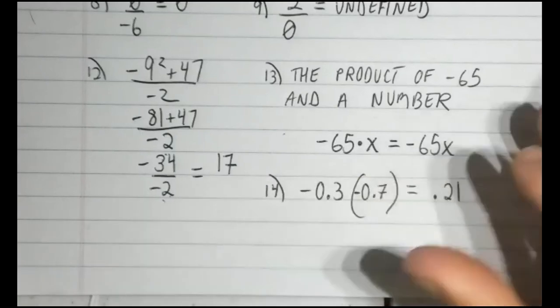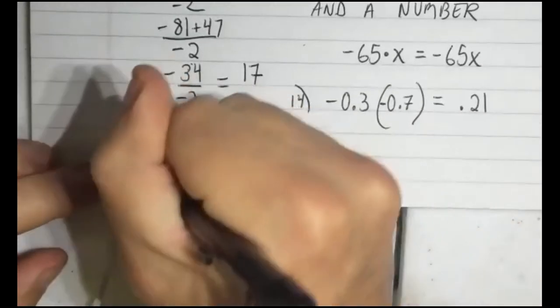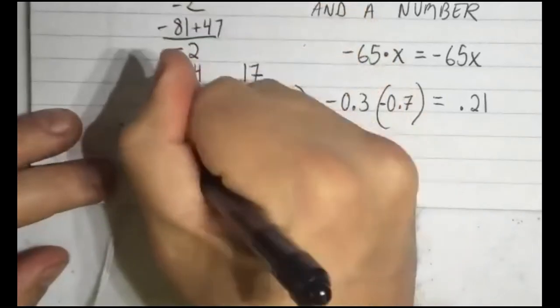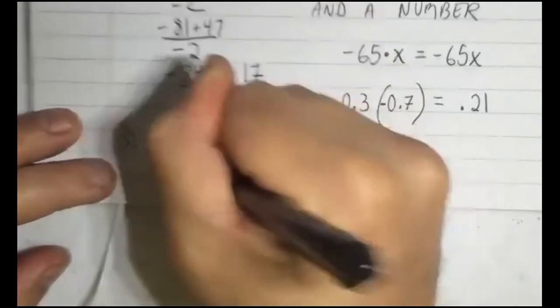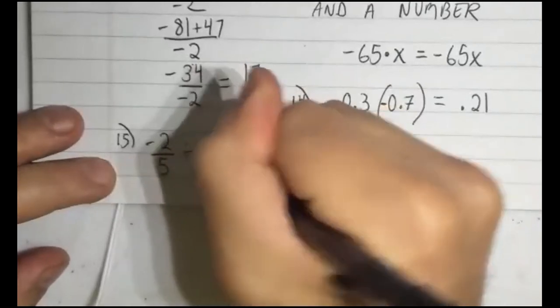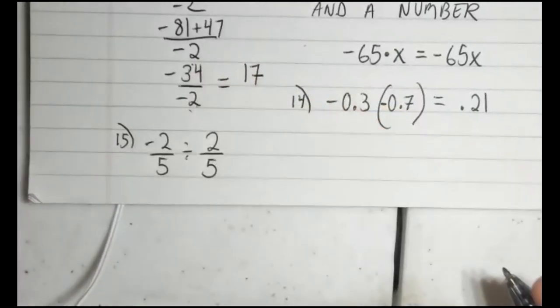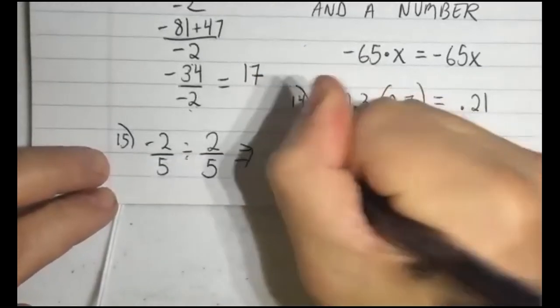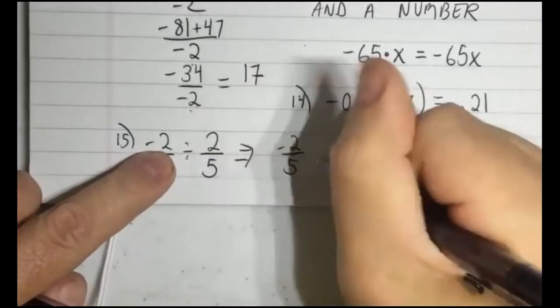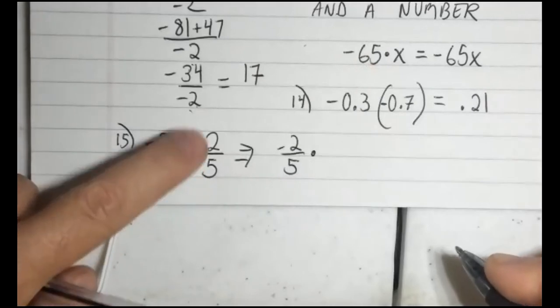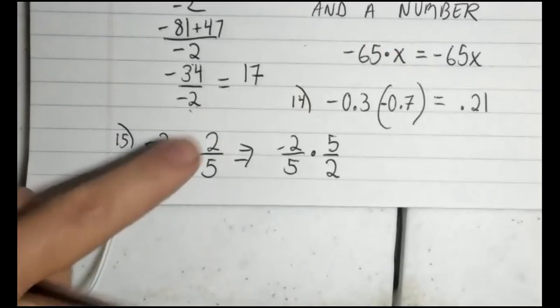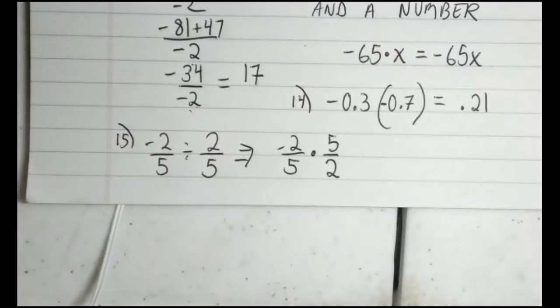Yes, we'll just cover one more real quick. This is another fraction one, but we are dividing. Remember the rule when you're dividing fractions is you change division to a multiplication, and then we flip the following fraction.